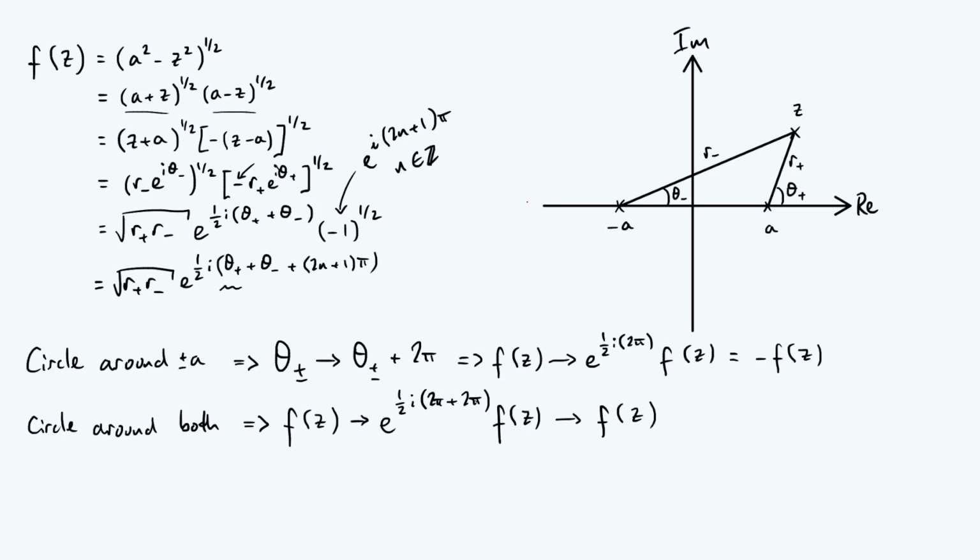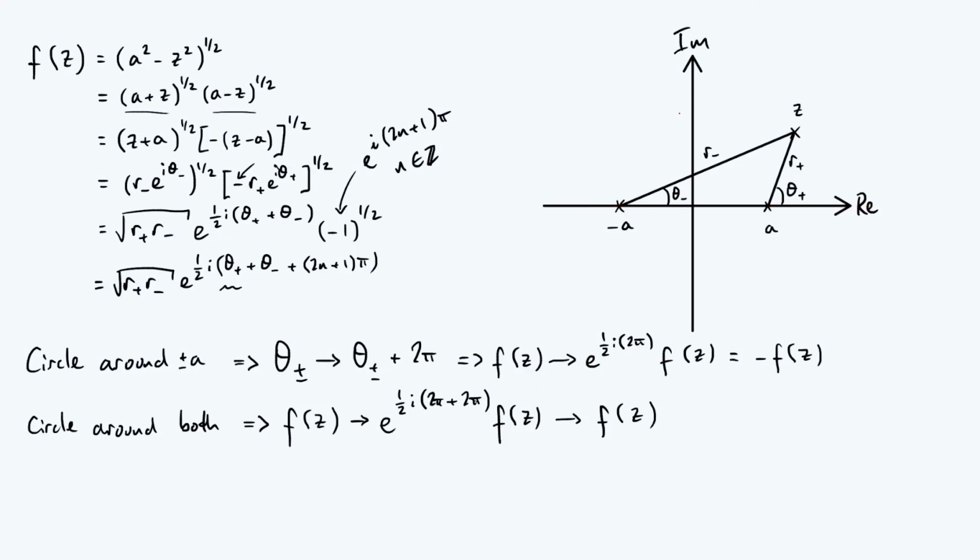So one option would be to make a cut there and a cut there, where each of the two bits of that branch cut goes off to infinity, because then however hard you try, you can't make a full circle around minus a or a, because you're always going to run into one of those branch cuts. You could, instead of doing them horizontally, do them at any angle you wanted, like that, or like that, or whatever. But it's usually easiest just to put them along the real axis.